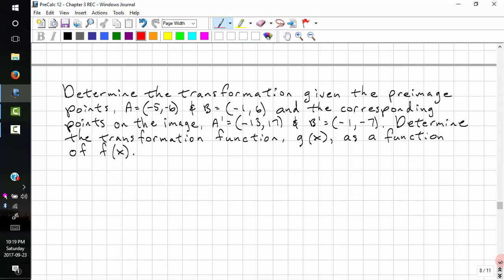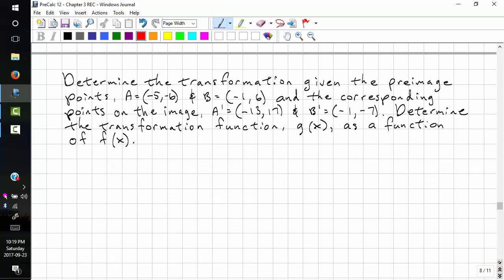So the last and hardest thing is you need to be able to determine the transformation given the pre-image points and corresponding points on the image, and you need to determine this transformation algebraically. So you must do algebra.